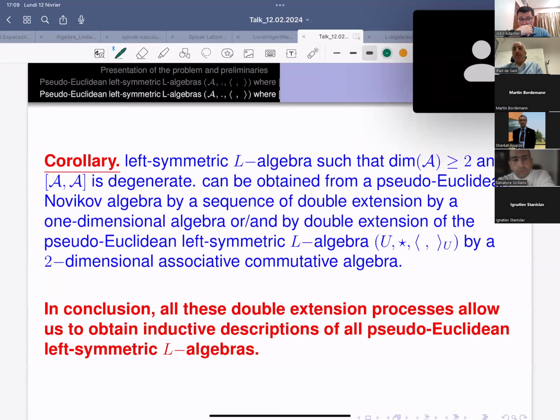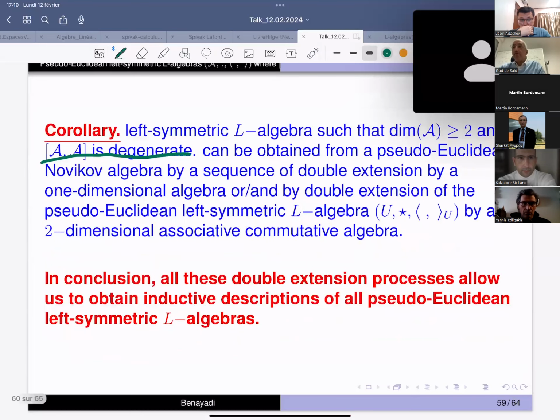If A is non-degenerate, you can obtain all of these left-symmetric algebras by a sequence of double extensions from a Novikov algebra, and the Novikov algebra is described in the first part. Okay, and thank you very much.